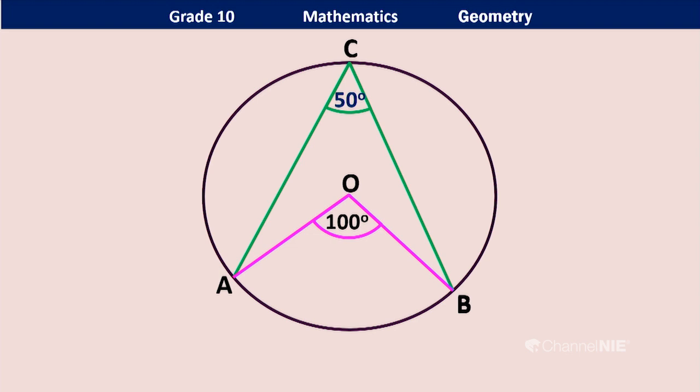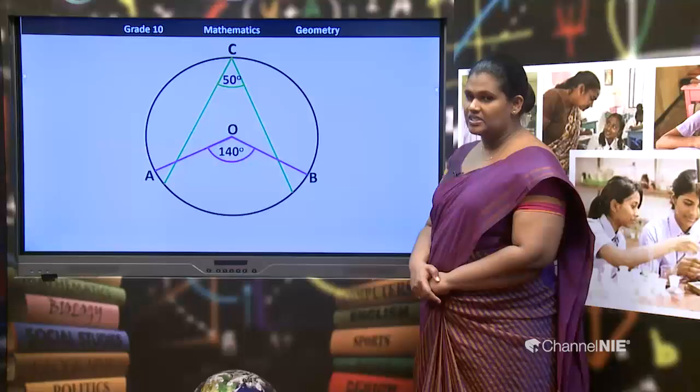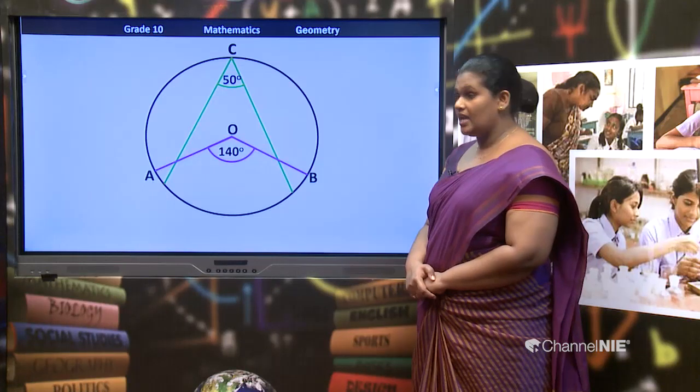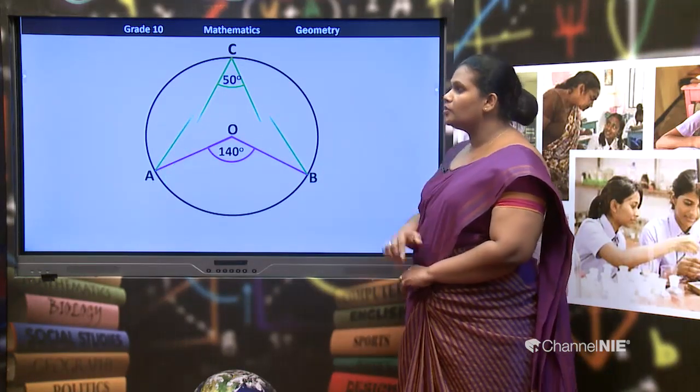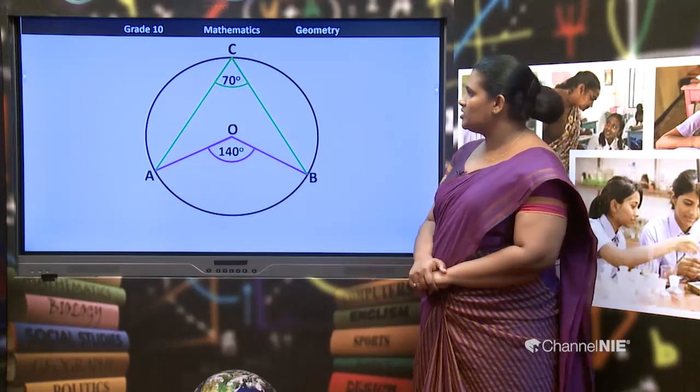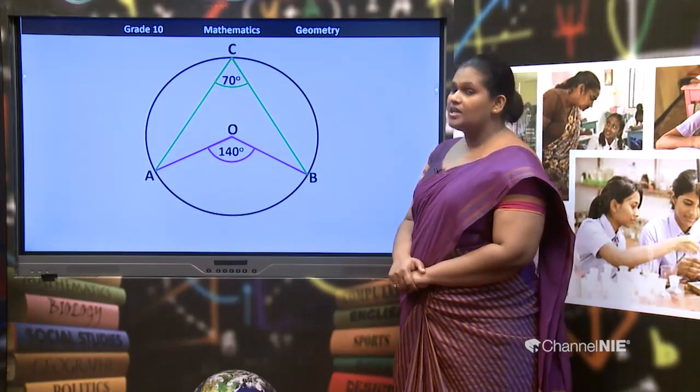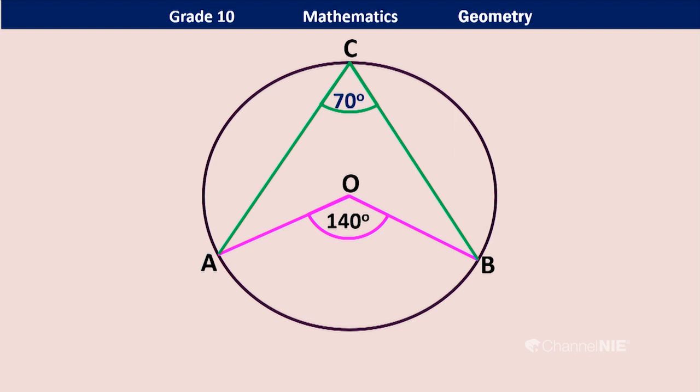I will take another set. Now, this time angle AOB is 140 degrees. If I draw another angle on the remaining part of the circle as the angle subtended by the same minor arc, what would be the value of it? We will see. Yes, that is 70 degrees.